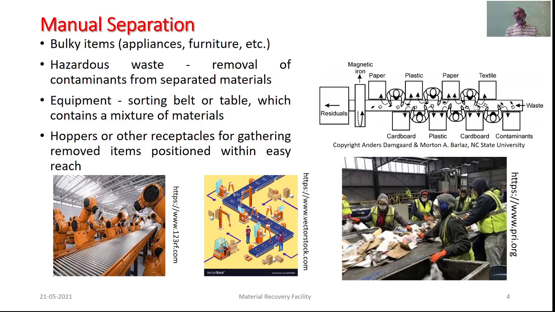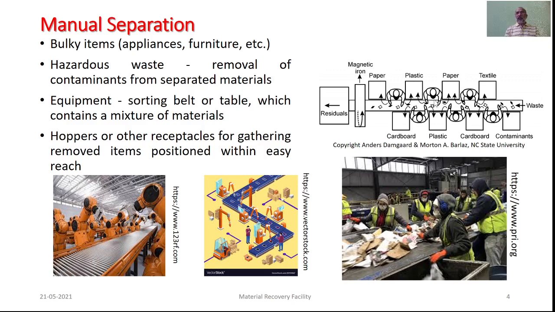As you see here, the material is being received on this table or conveyor. There are people who are working continuously on that stream of waste in order to have paper, plastic, textile, cardboard and such things separated from that stream of the waste. As it is done, it is expected to go for the subsequent processes, maybe certain magnetic separators and certain residues that will be going for the ultimate disposal.